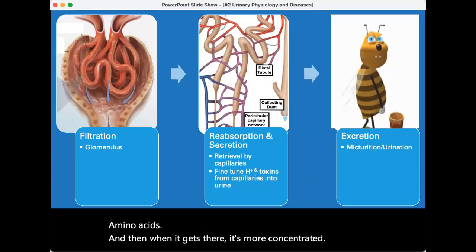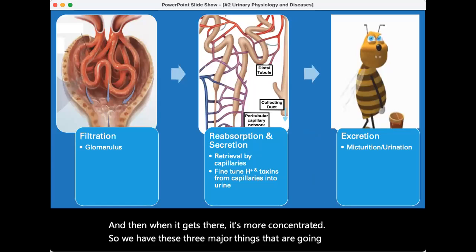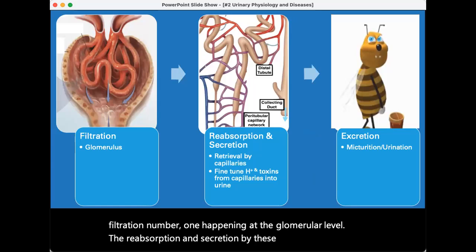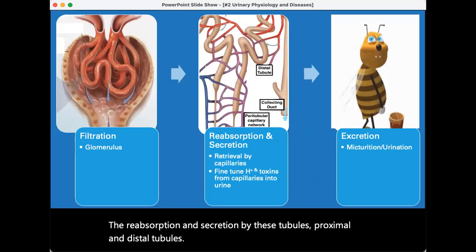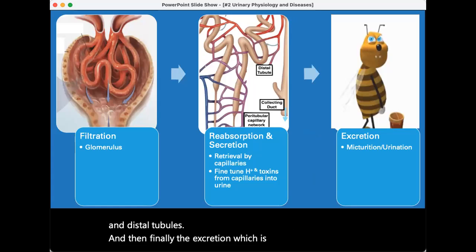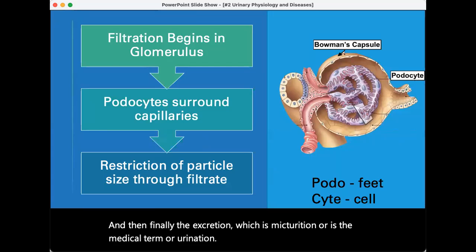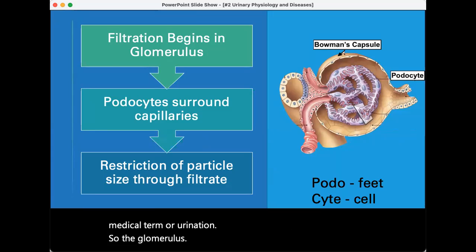So we have these three major things that are going on. The filtration, number one, happening at the glomerular level. The reabsorption and secretion by these tubules, proximal and distal tubules. And then finally the excretion, which is micturition, the medical term, or urination. So the glomerulus has incredibly interesting cells.